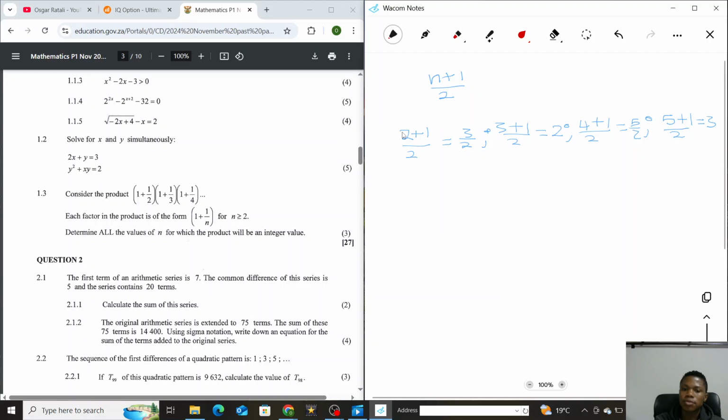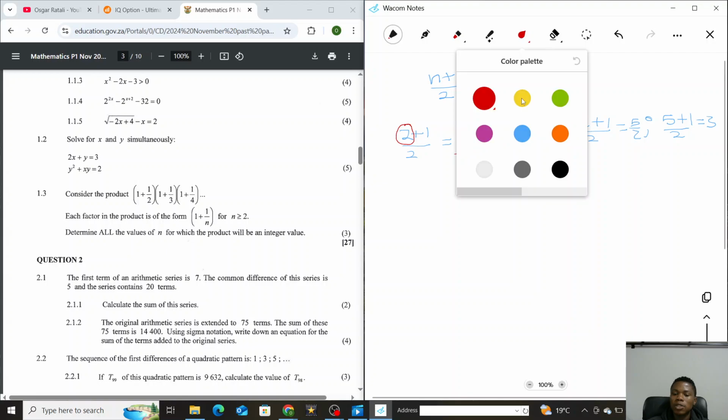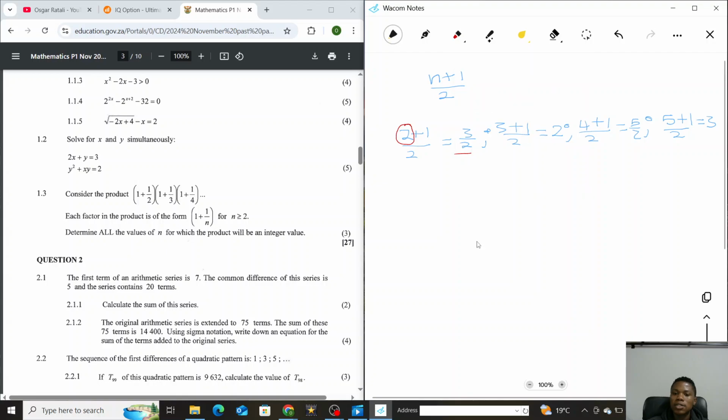I was supposed to say that when I substitute an even number, I get a fraction. You can see this 4 is an even number, I get a fraction. But when I substitute an odd number, I get a whole number.